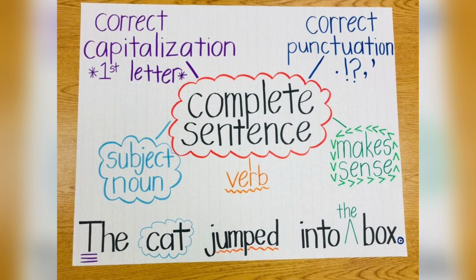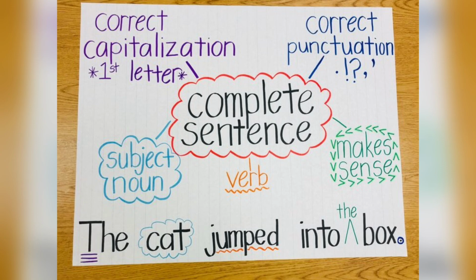Your complete sentence should contain a verb, which is an action word. In the sentence, jumped is our verb. You also want to make sure that each of your complete sentences end with punctuation. If it is a statement, a period. If it is a question, it should have a question mark. If it is an exclamation, then you need an exclamation point. And make sure that you use your commas or apostrophes.